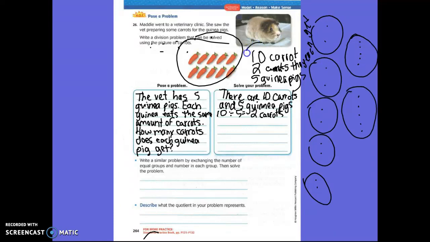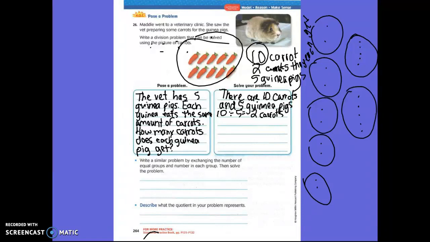Now, we'll still have 10 carrots be the first number, the dividend. So we're not going to talk about that, we could talk about that, but that's not going to change. What needs to change is these two need to, instead of 10 divided by 5 equals 2, we want to do 10 divided by 2 equals 5. So 5 has to be the answer, boys and girls, because you're changing the grouping. So 5 is the answer now.